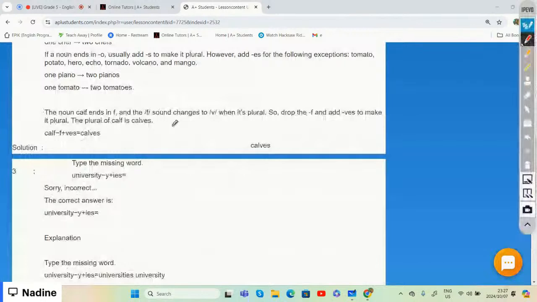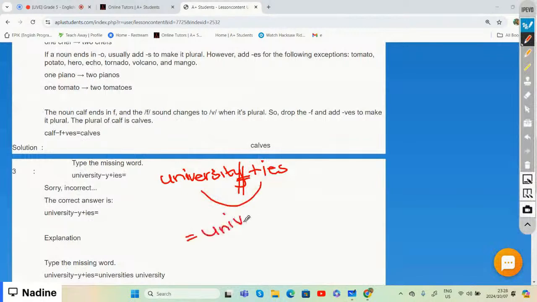Remember, we said that if the word ends with a consonant plus Y, like city, and we want to show that there's more than one university, we're going to drop the Y, add IES, and that equals universities. And as you can see, that Y falls away.